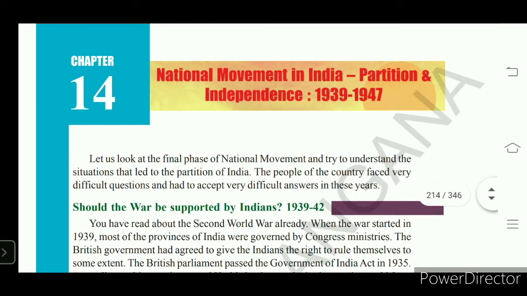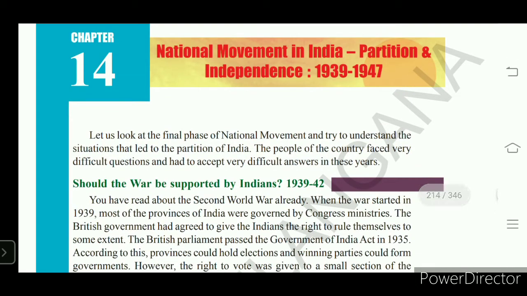In 1939, Second World War started. So when war started in 1939, there were many provinces of India which were ruled by the Congress ministries.